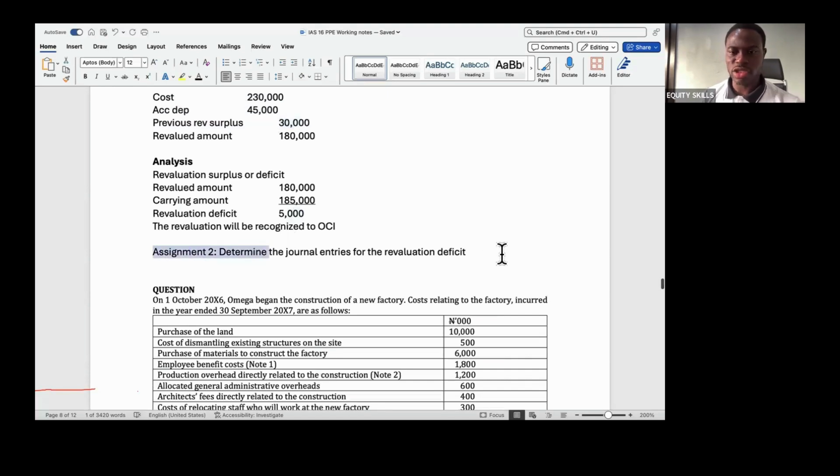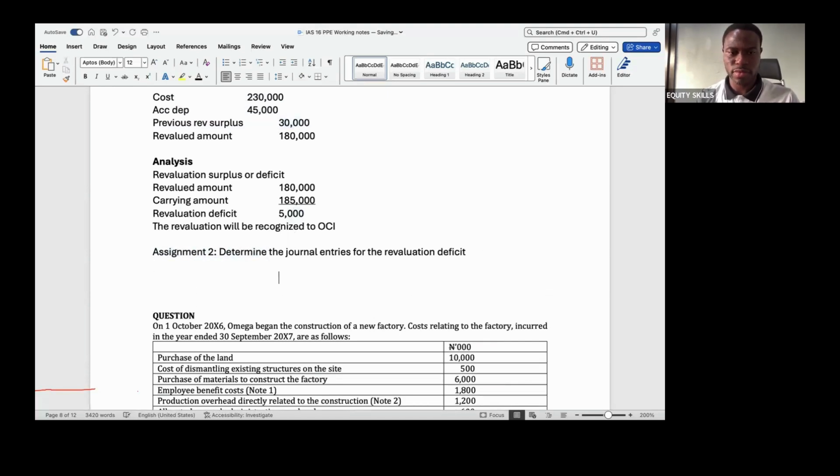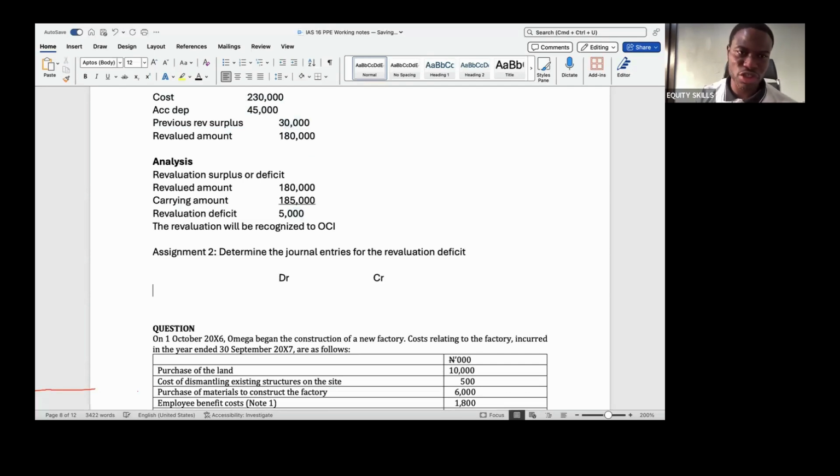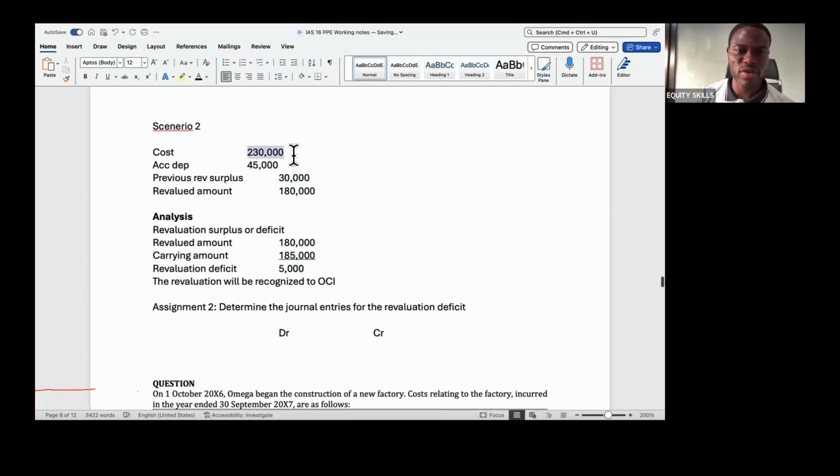So I said determine the journal entry. Debit, credit. My first mission is my asset value before was 230. Now the new value is 180. The value has gone down, obviously. So I need to bring down the asset account from 230 to 180.